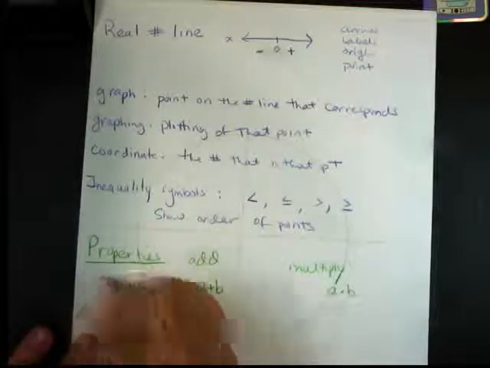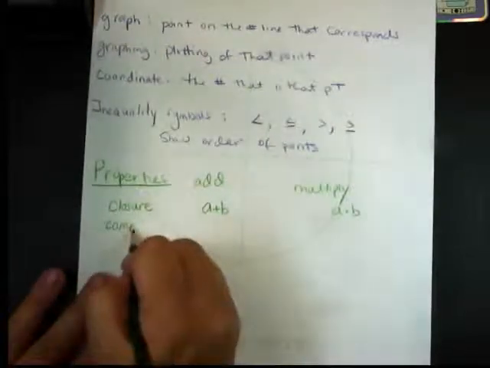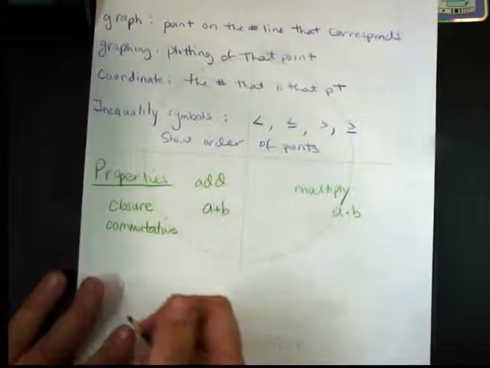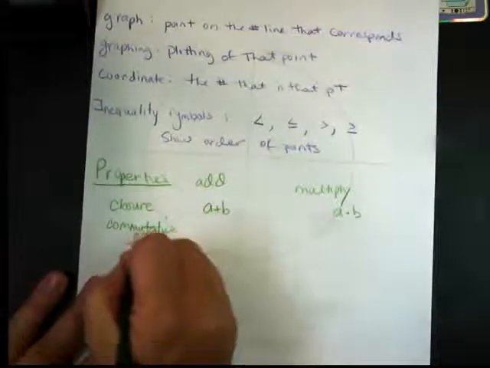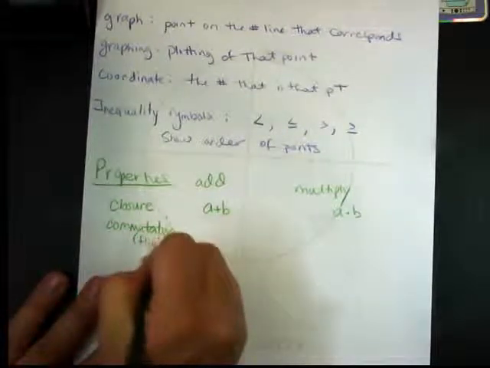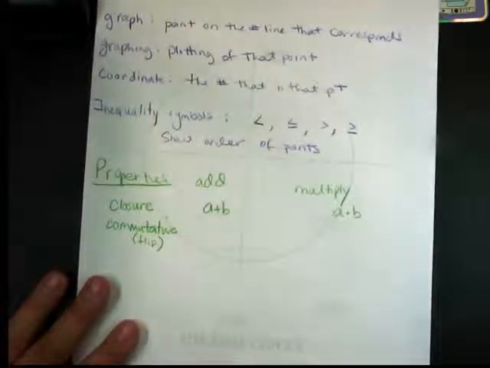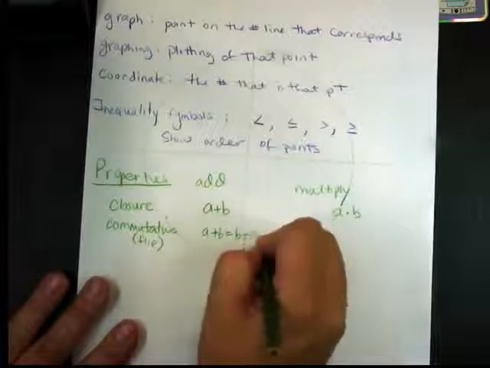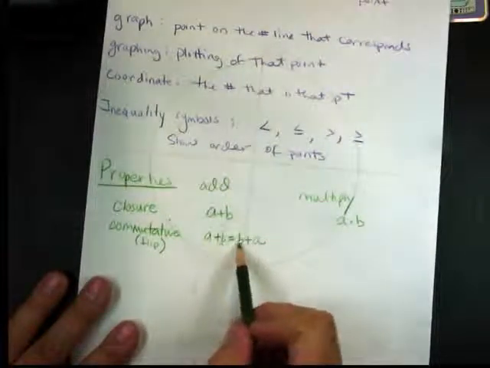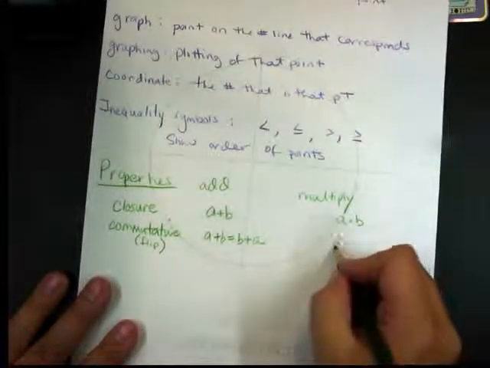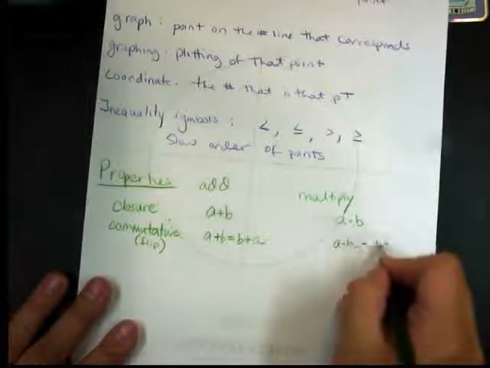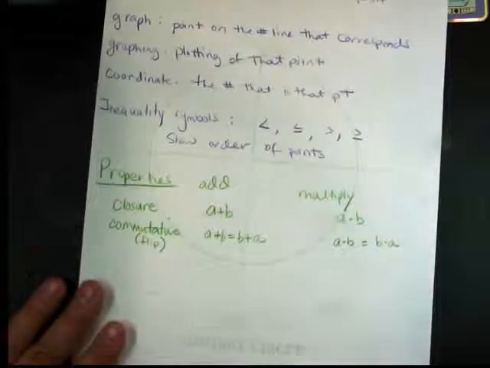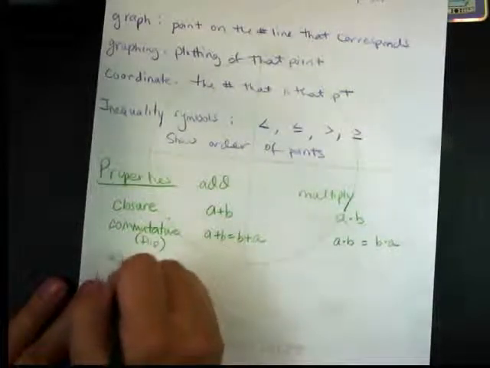Next one is commutative. Now, commutative allows you to flip your information. What this says is I can add in any order. 3 plus 4 is the same as 4 plus 3. And multiply the same way. Next property is the associative property.